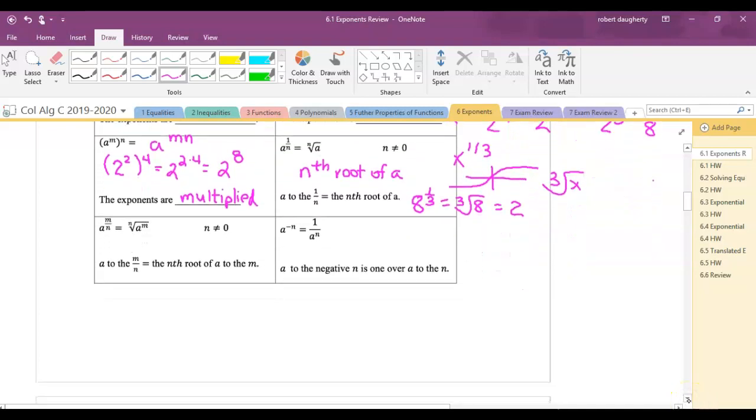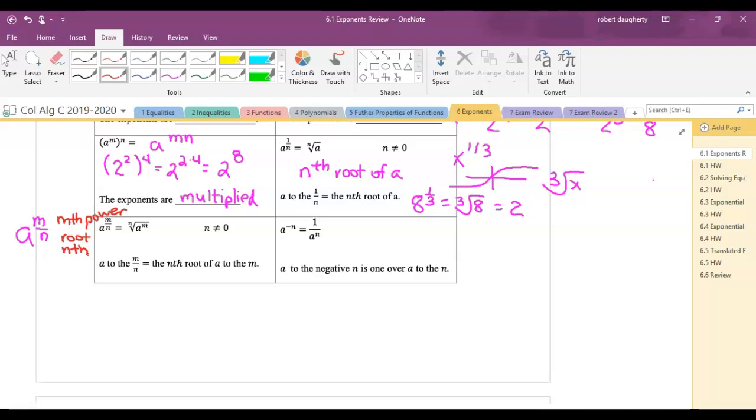And when we have fractional exponents like a to the m over n, the way you need to think about this, if you've got a to the m over n, whatever's on the bottom here is always your root, and then you're raising it to the power of what's on the top. So the way to think about this is a to the m over n is the nth root of a to the m.